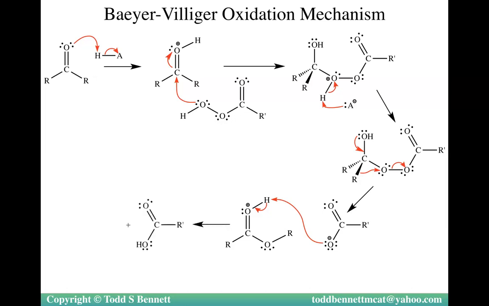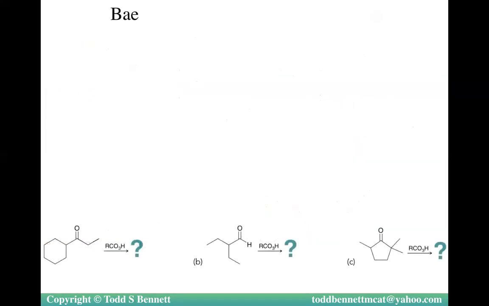Here are my final products then. I have the carboxylic acid side product that came from the peroxy acid, but we also have this new ester that forms. Again, if these R's are equal, it doesn't matter. But if they are not equal, then we have to worry about it.